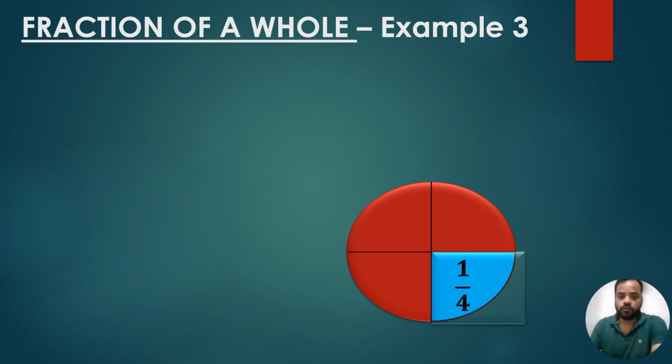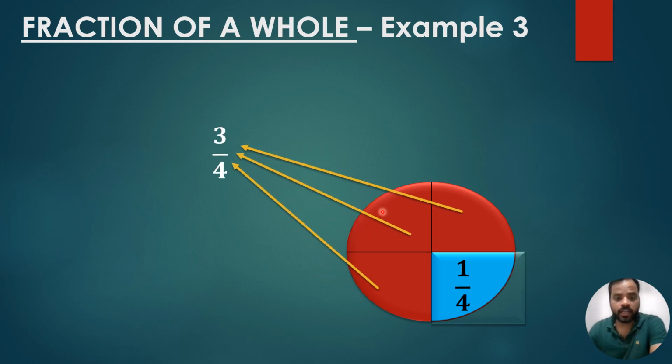So out of the four parts, 1, 2, 3, 4, one part is blue. So the fraction represented by the blue colored part will be 1 by 4, and the fraction represented by the three red colored equal parts will be 3 by 4.